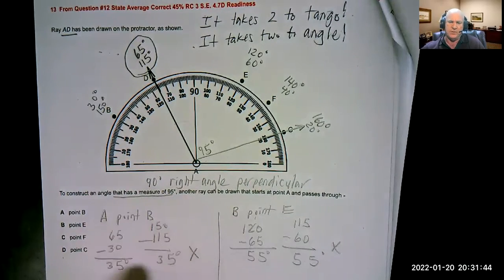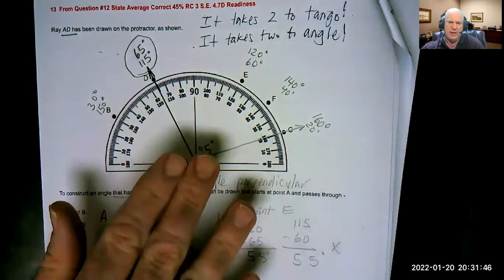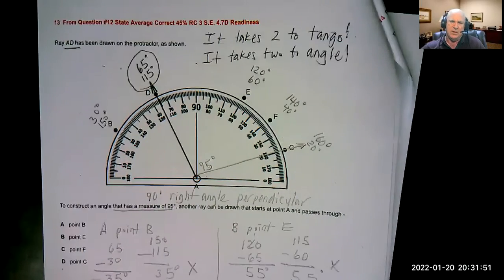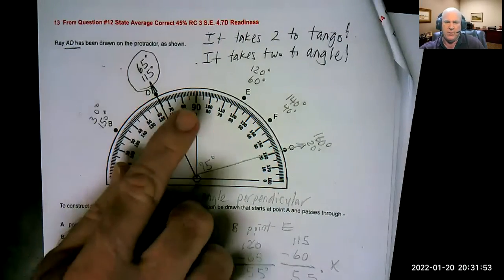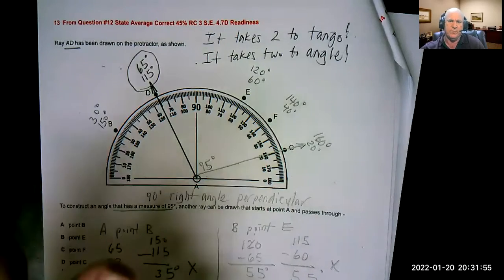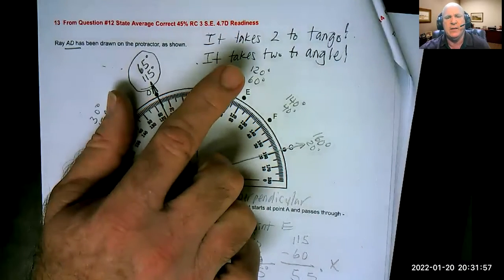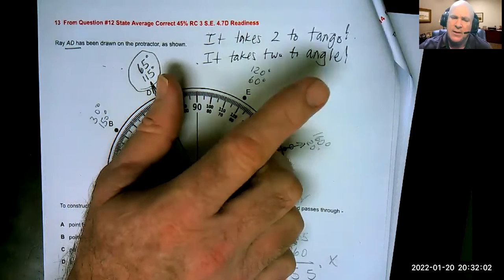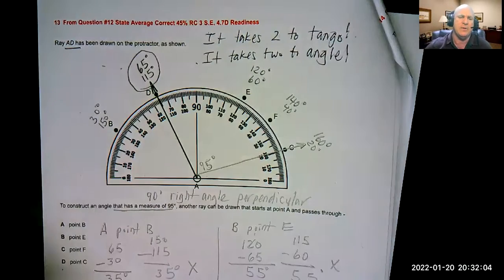This is not going to be guess and check, because there's actual given information in the problem on the protractor. There's my little saying, it takes two to tango, and it also takes two to angle. Kind of corny, but I think sometimes corny works.